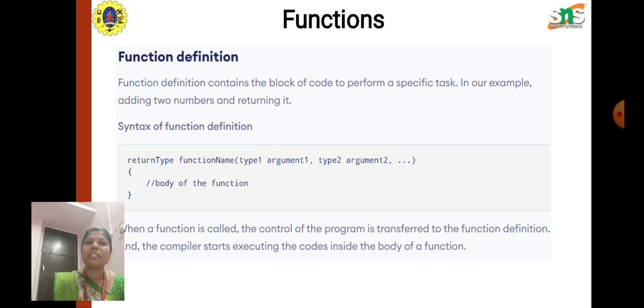The syntax of definition: return type, function name, type 1 argument 1 and type 2 argument 2. When a function is called, the control of the program is transferred to the function definition and the compiler starts executing the code inside the body of the function.